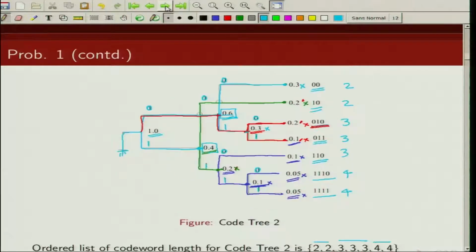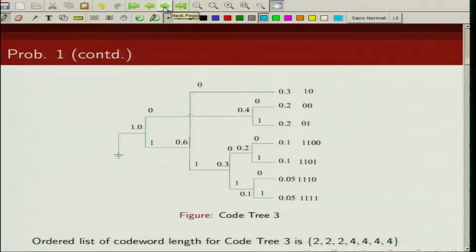So code tree 2 is not fundamentally different from code tree 1, because if I write down the ordered list of code words, though the mapping is different, they have the same set of ordered code word lengths.